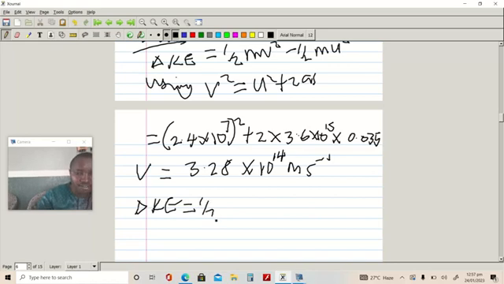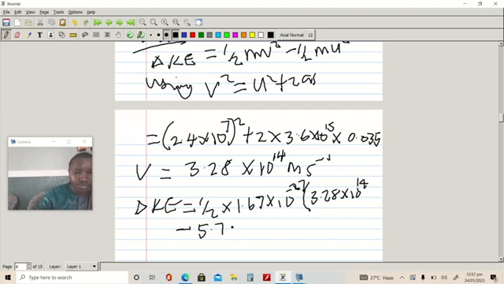So it's going to be half, and substitute those values inside. Multiply by 1.67, that's the mass, times 10 raised to the power minus 27, then into brackets 3.28, that's your velocity, times 10 raised to the power 14 minus 5.76 times 10 raised to the power 14.